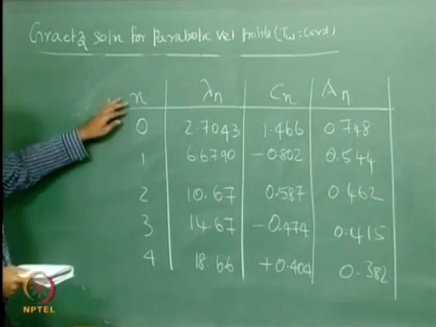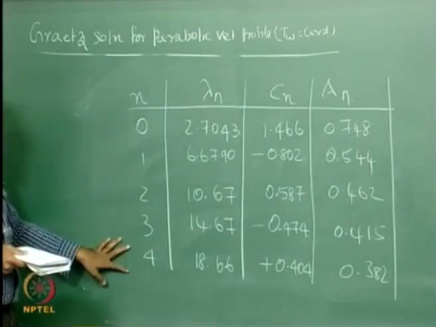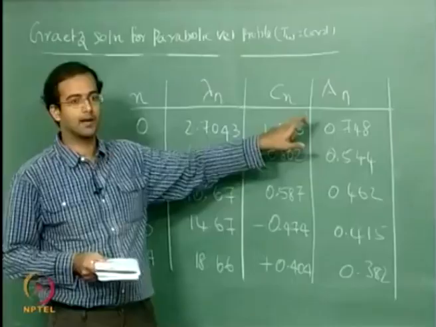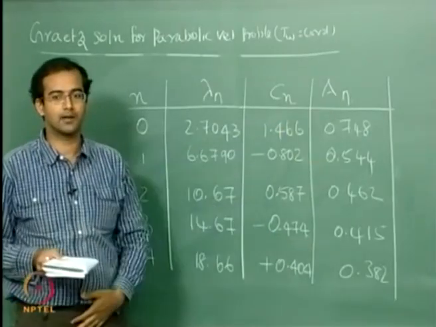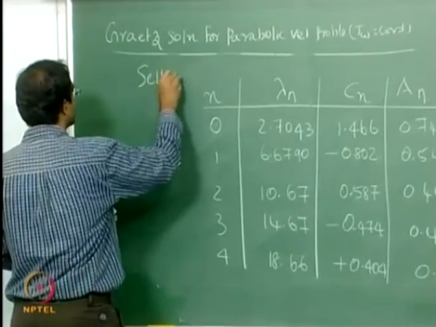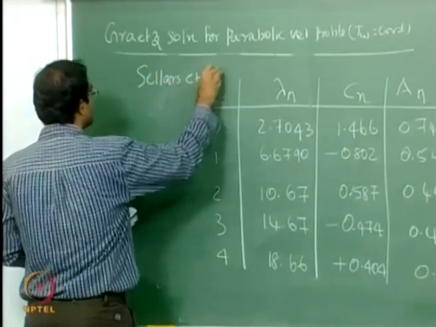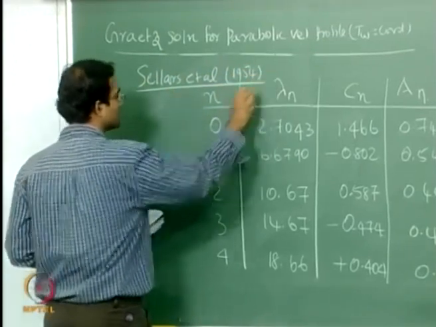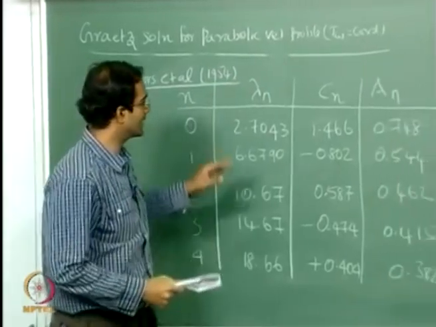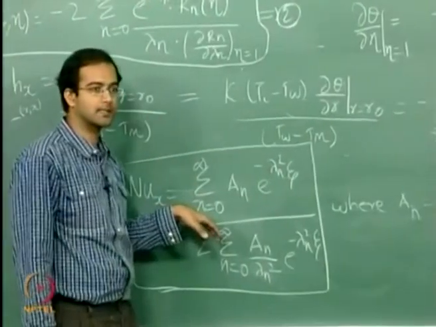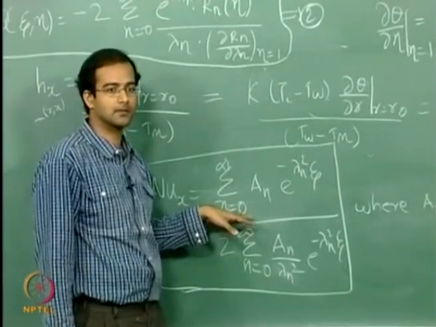So the most important, the first 5 eigenvalues, and the corresponding constants Cn and An, were all numerically calculated and tabulated by Sellars et al., 1954. So therefore you can just directly use these values, you do not have to sum them to so many terms, you can just sum them to the first 4 or 5 terms.